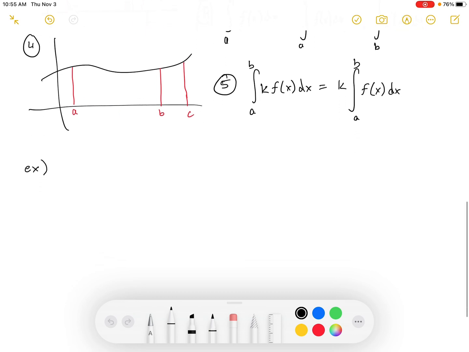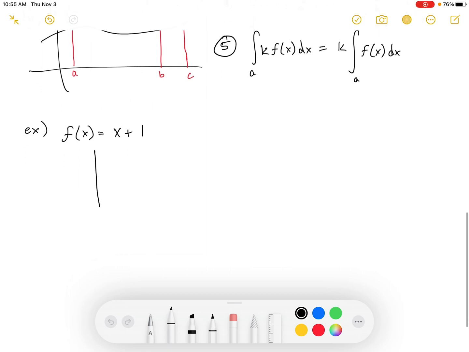Haven't decided yet. Let's say I had some f of x, and let's say that was x plus 1. It's a very, very simple function. Okay, we can draw it, of course. Here it is, right? X plus 1 has an intercept here, and it goes like this.